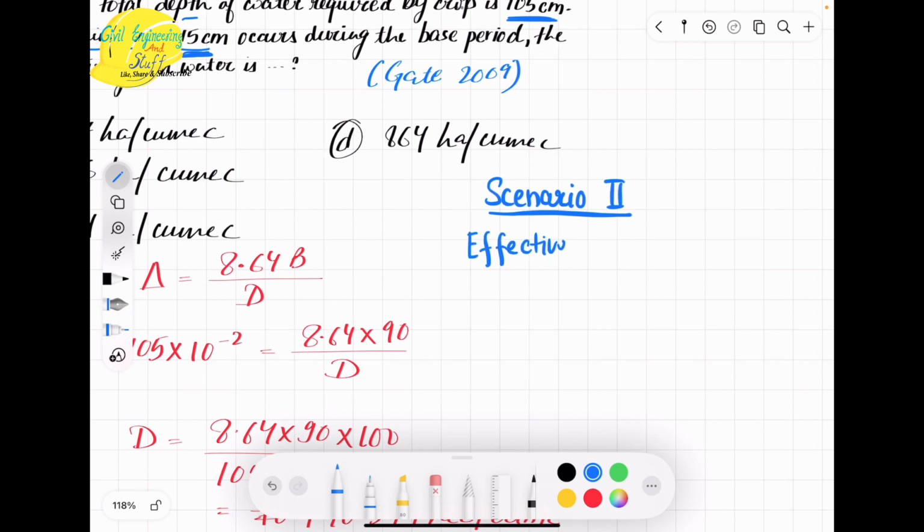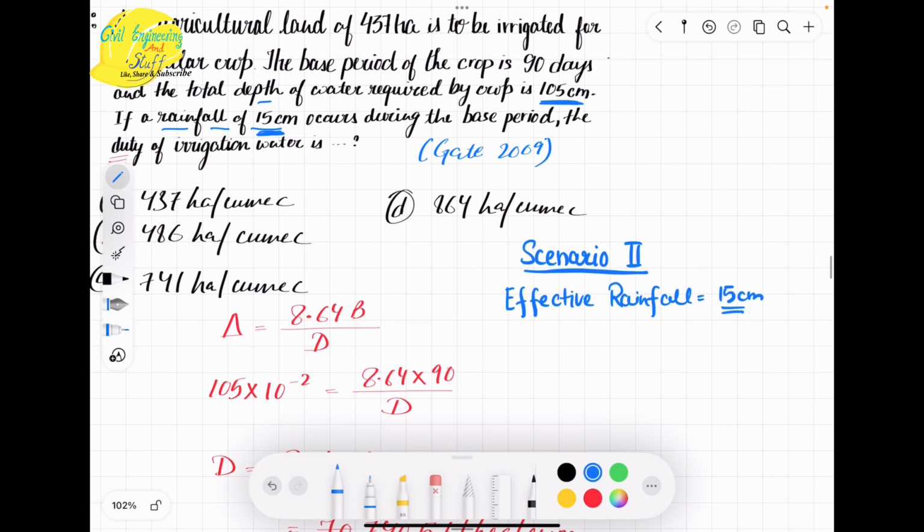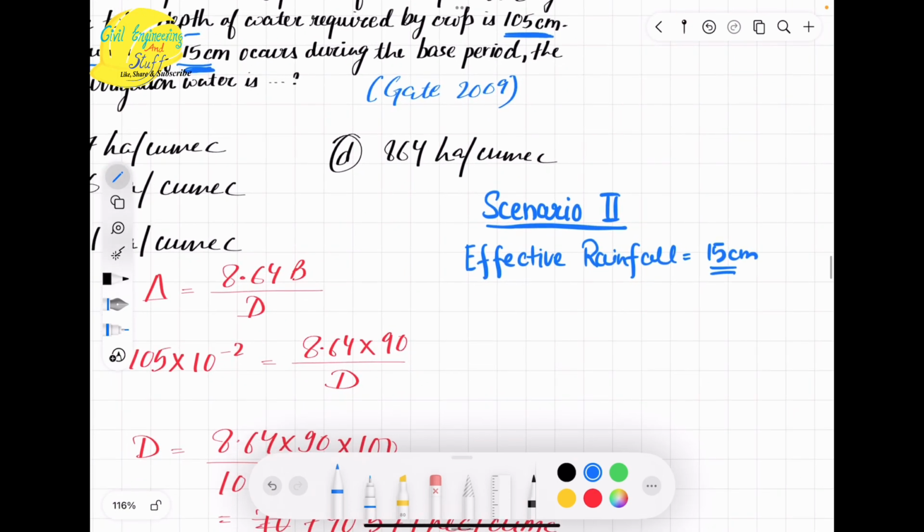If we consider this to be effective rainfall of 15 centimeters, then what will be the total depth of water required through irrigation?